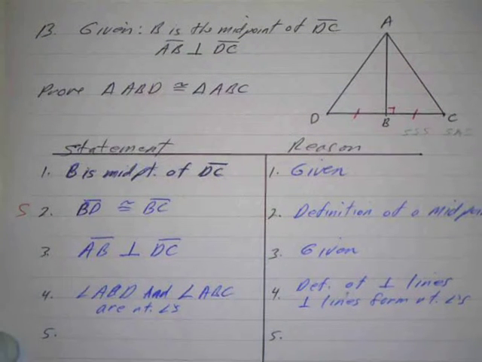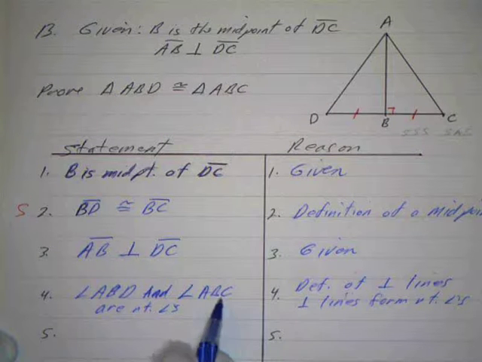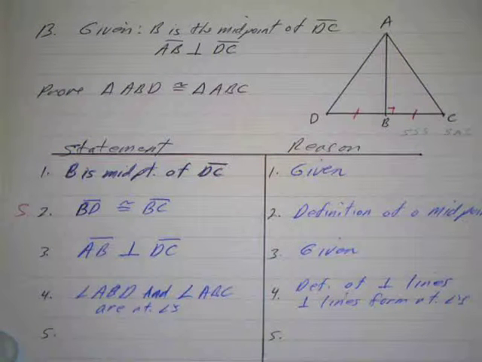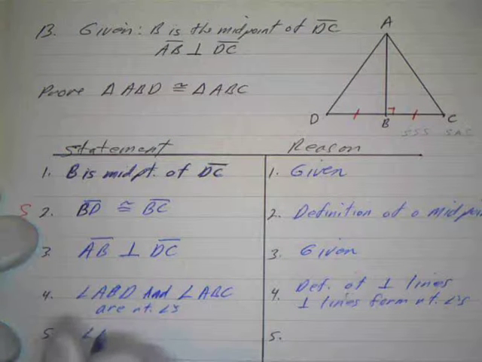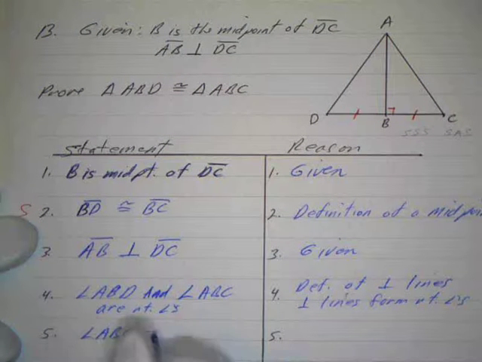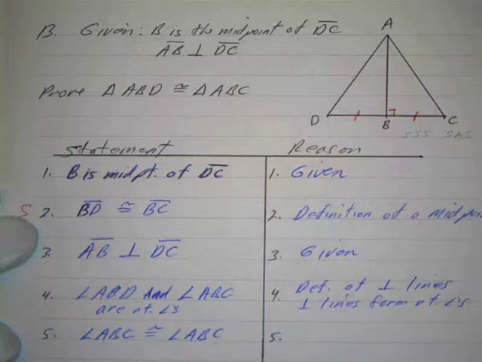But if they're right angles, their measure is both 90 degrees, so they're equal in measure. So we know that, and basically we simplify that all right angles are congruent. So we could say that angle ABD is congruent to angle ABC.